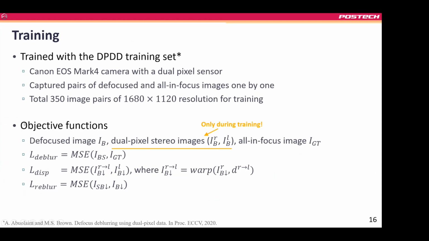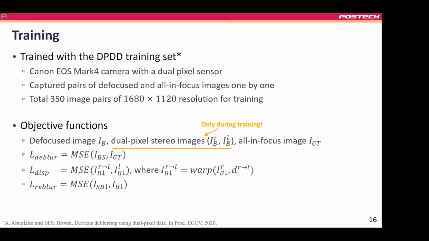The objective function contains these three terms. Here, I_B is the defocus input, and I mentioned that this dataset contains dual pixel stereo images, and this is the output. This reconstruction loss means our network should produce a deblurred result similar to the ground truth. And this is about the disparity map estimation.